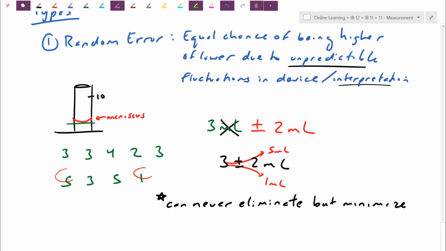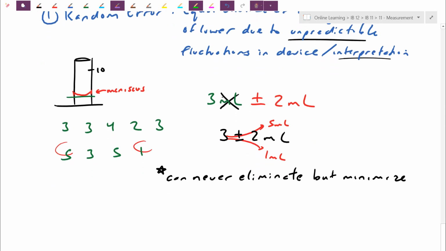How can I lessen the impact of it? In this case, I've already alluded to it: minimize with repeat trials. Do that measurement more times. As you get more numbers, as you ask more people, the chances of the ones that are way off on the high side or way off on the low side will sort of be averaged out. So far I've asked 9 people. What if I ask a bunch more people? They start saying 3, 3, 4, 3, 3, 3, 3, 3.